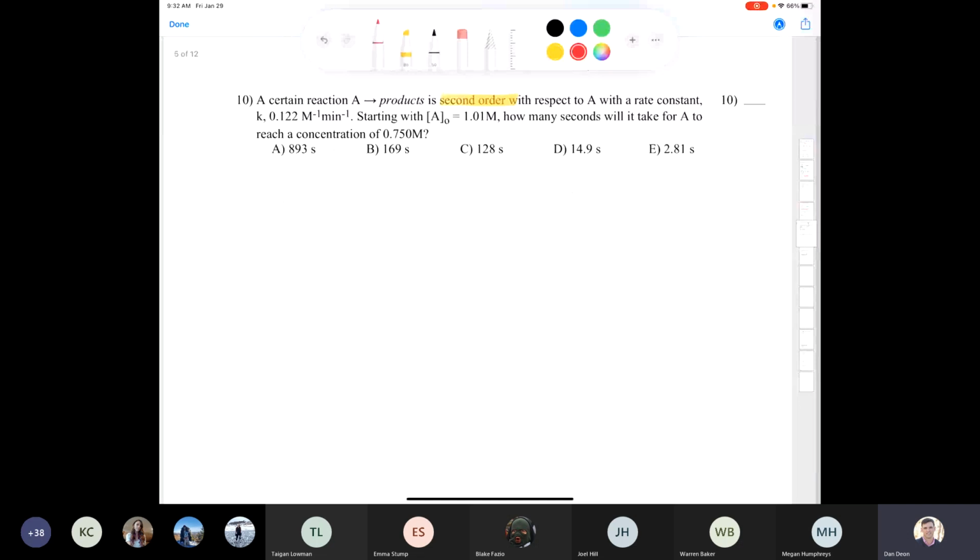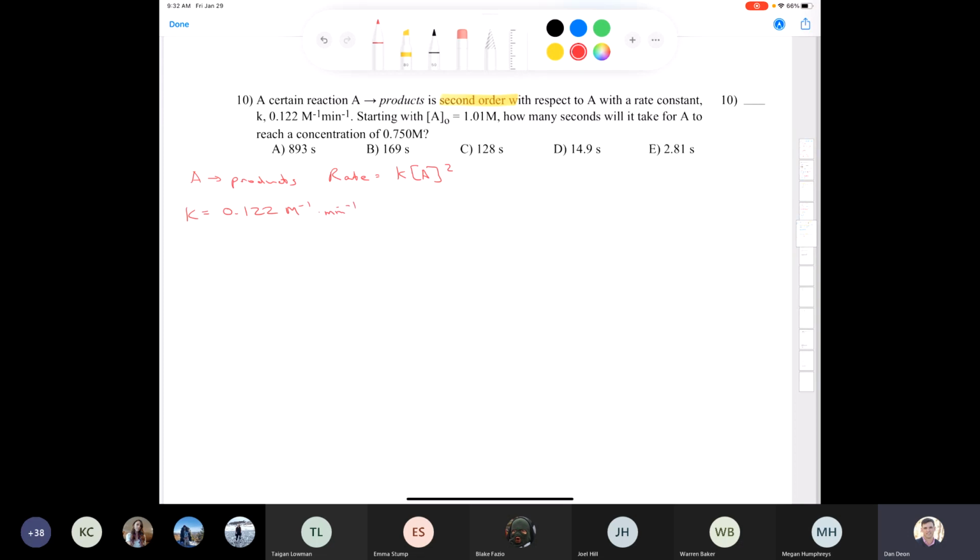And so we could write a rate law for this. Since our reaction is A giving us our product, we could say that the rate is equal to k times the concentration of A squared. Since it's second order, we know that our rate constant k is equal to 0.122 molar to the minus 1, minutes to the minus 1.